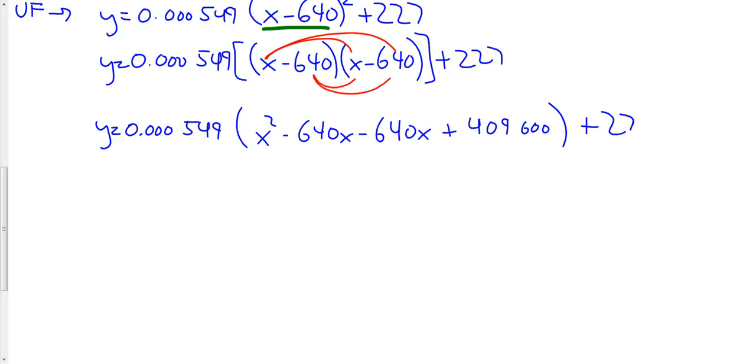And then we haven't dealt with this plus 227 at the end quite yet. So I'm going to simplify this by collecting my like terms, the negative 640s.